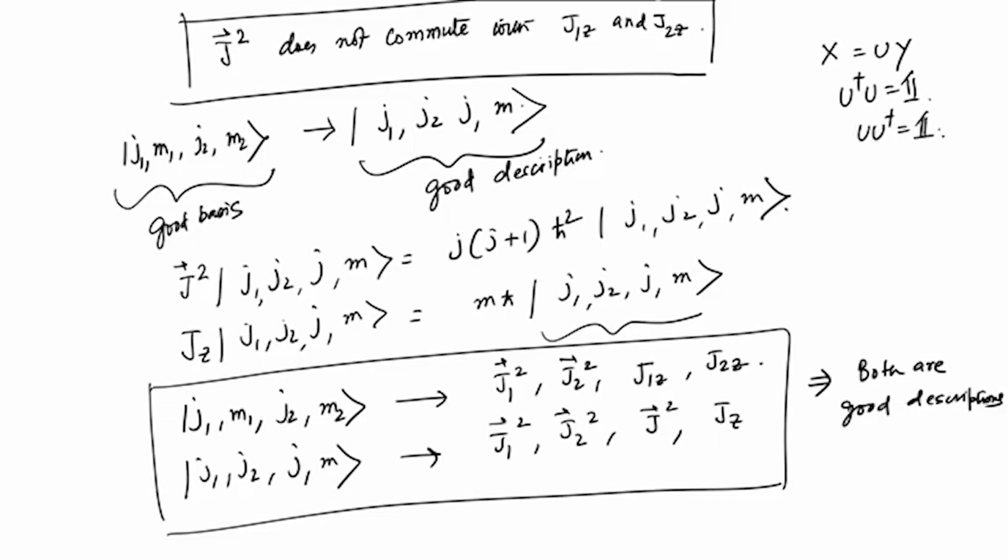So, we should have a unitary transformation connecting the two descriptions of the system. If there are two distinct descriptions that are possible, they should be connected by a unitary transformation, and this unitary transformation takes us to what we know as the Clebsch-Gordon coefficients.